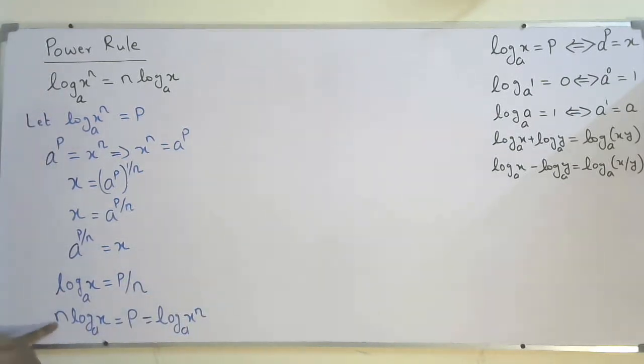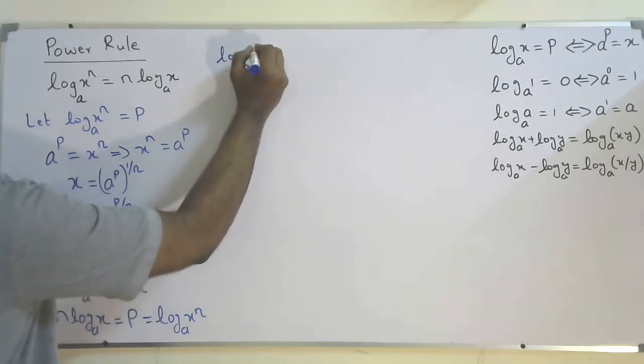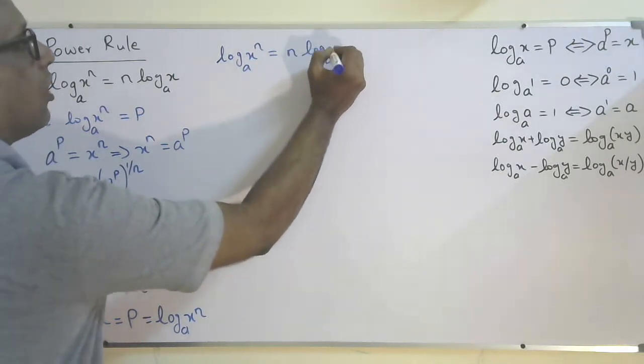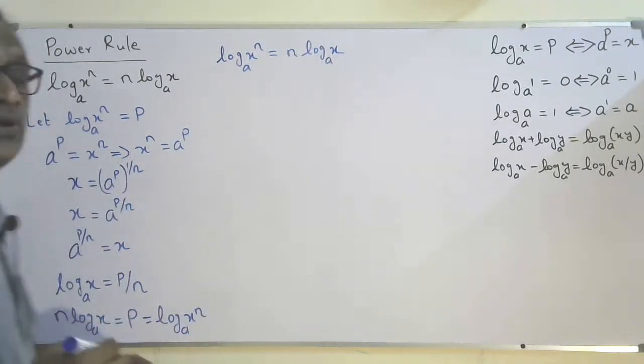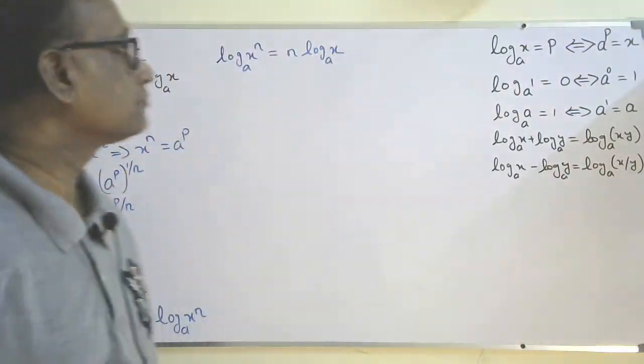So that means log a of x to the power n equals n log a of x. So I can finish it: log a of x to the power n equals n times log a of x. So this is the derivation for the power rule.